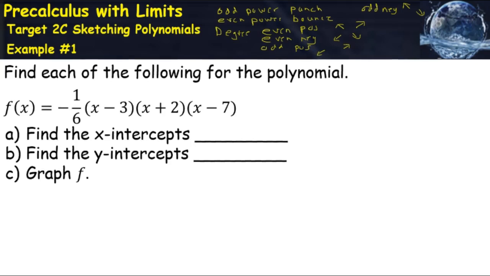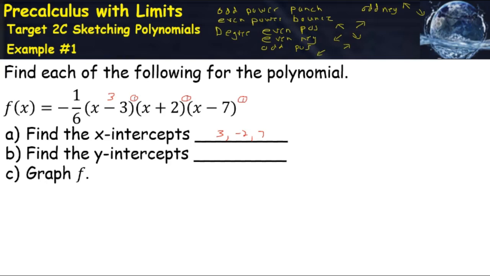So let me get a better color. First of all, it wants the x-intercepts. So the x-intercepts that go with this are 3, -2, and 7. Again, these exponents are invisible right here.